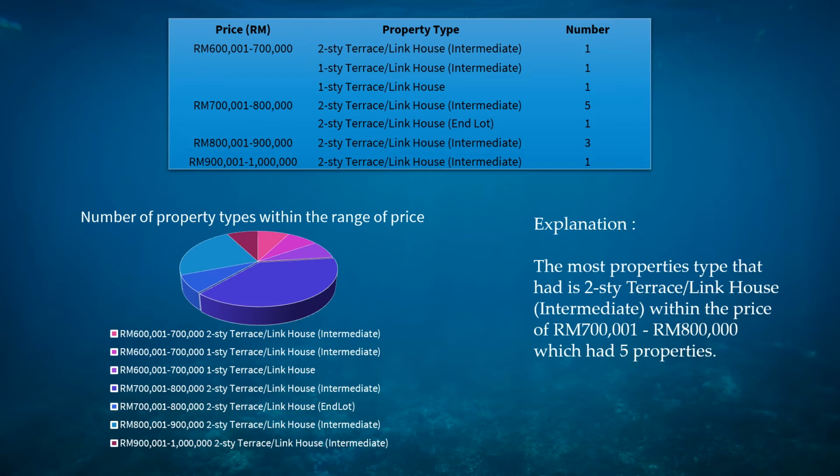The second graph formed from this table shows the number of property types within the range of price. We can see that the 2-story terrace link house intermediate is the most common property type, with 5 properties, and its price is between 700,000 and 800,000.